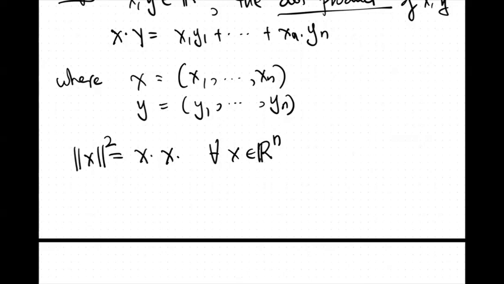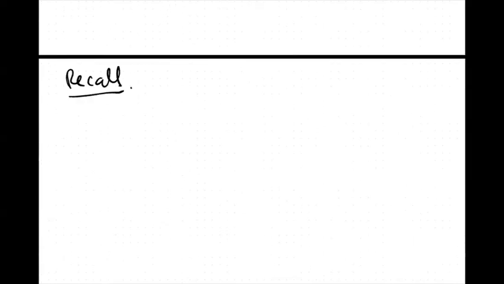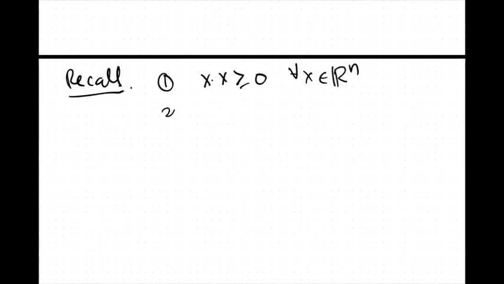And recall the following properties of the dot product. Number one, x dot x is always greater than or equal to 0 for all x in Rn. Number two, x dot x is 0 if and only if x is 0.